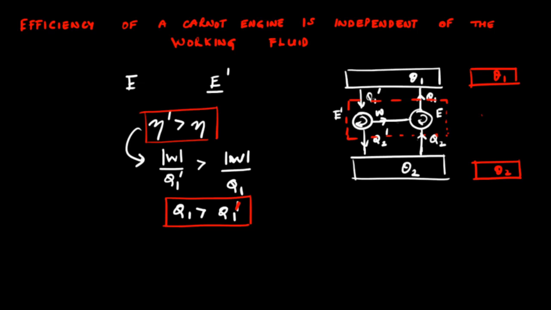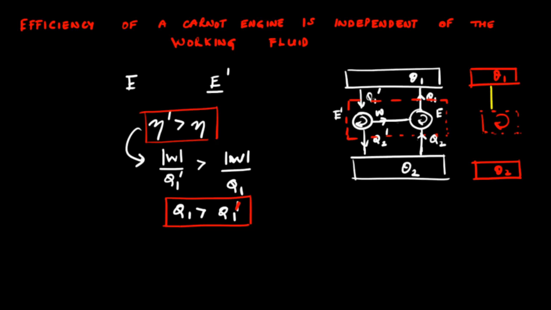So the combined effect of this system is that it operates in a cycle. Clearly, there's no work input to this combined system of engine E and E prime because the work delivered by the E prime engine is being fed to this refrigerator E running in reverse, and there is some heat transfer between the system and the thermal reservoirs.